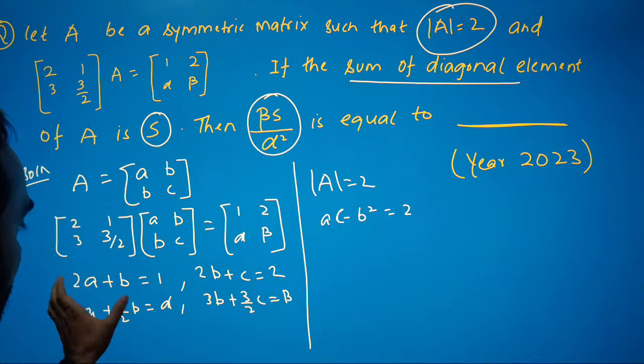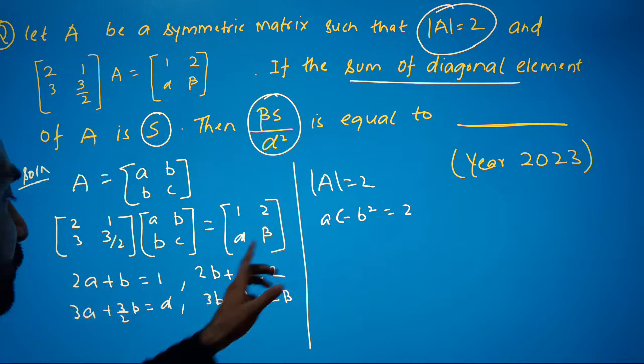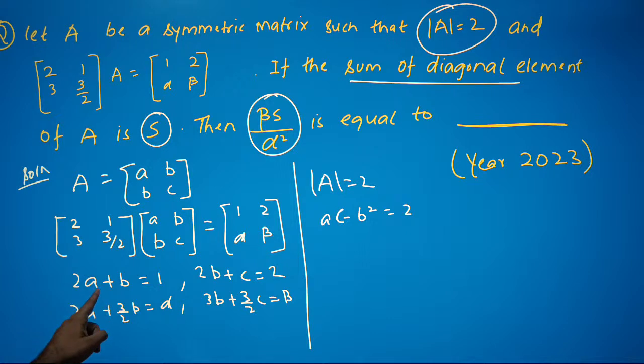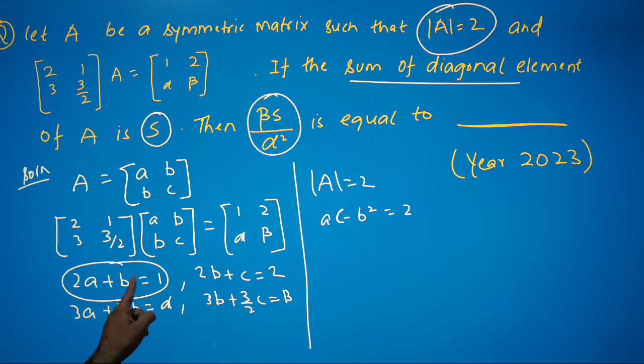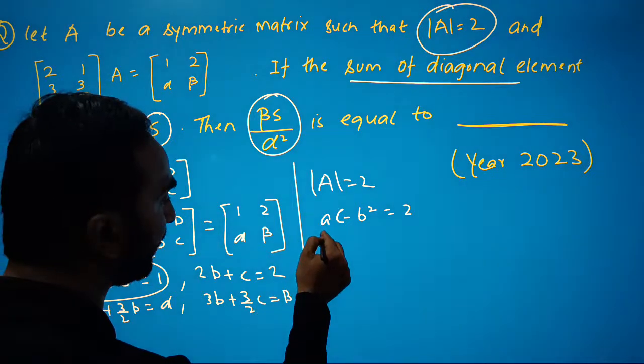Now from these four equations, let's find the value of a. From the first equation, I can write a is equal to (1 minus b) upon 2. So I'm writing (1 minus b)/2 instead of a.